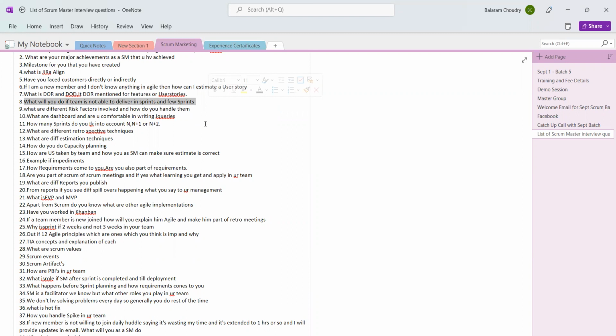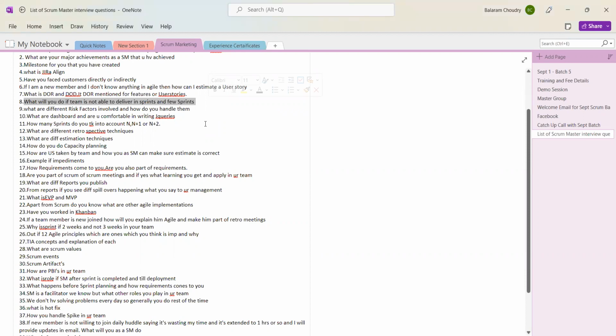Okay, firstly we have to define the performance here. For this question, we have to answer in such a way that we are not talking about productivity. What will you do if the team is not able to deliver? It could be due to multiple reasons. Point number one: did we do the sprint planning properly? Was every story clear to the team? Was it committed by the dependency teams if we had a dependency?